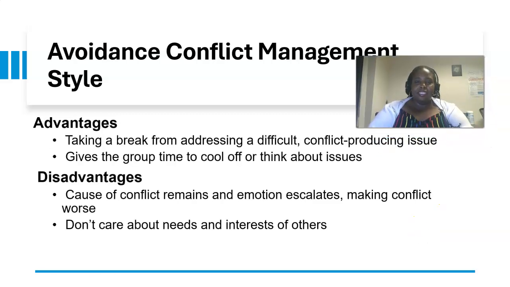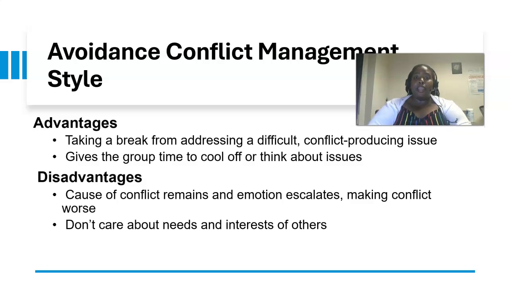The advantages of this can be taking a break from addressing a difficult, conflict-producing issue, and especially if you don't care about the issue that much, stirring the pot might not be worth it. And it gives the group time to cool off about the issue. So it might not be avoidance forever.